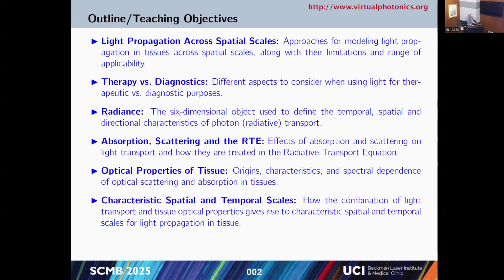And this interplay between light transport and the spatial scales and temporal scales associated with light transport and your tissue optical properties give rise to characteristic spatial and temporal scales for light transport within the domain. And we'll find as we go through the course that these spatial and temporal scales really inform the situations where certain techniques work well, as well as certain situations where they don't work so well.